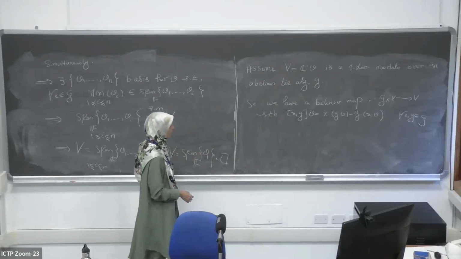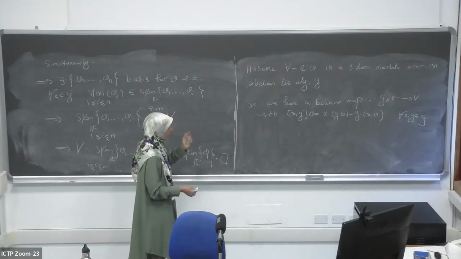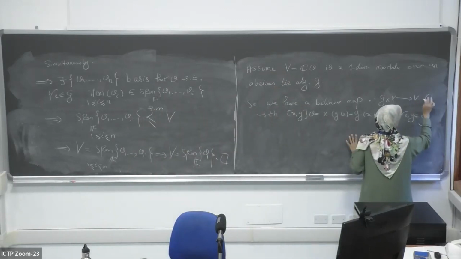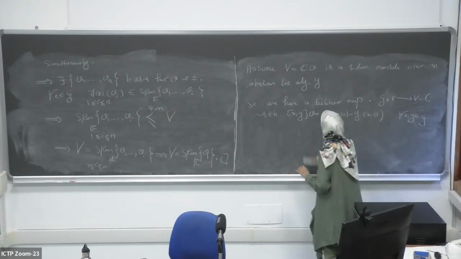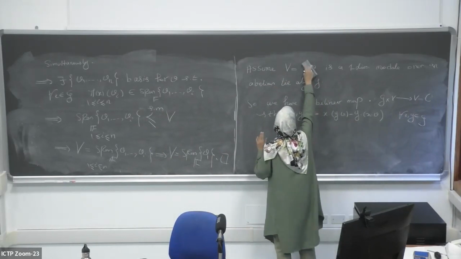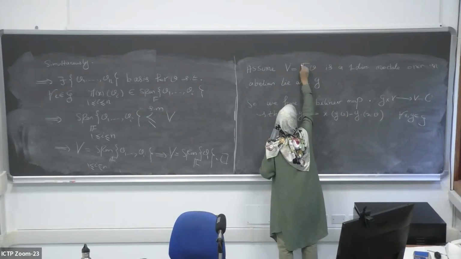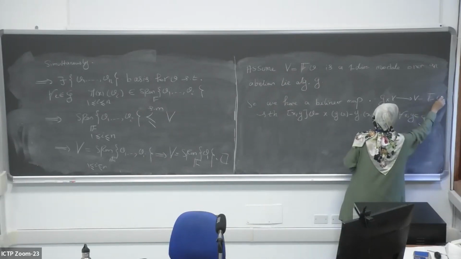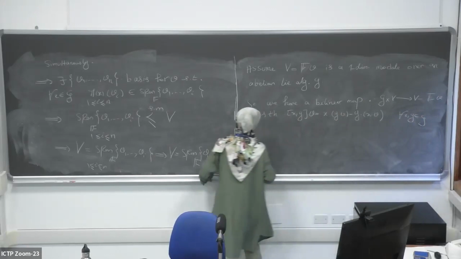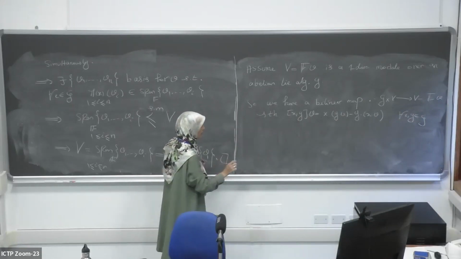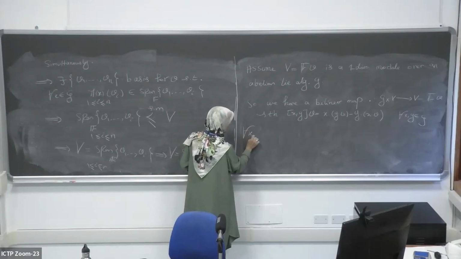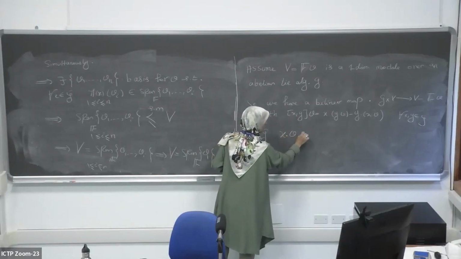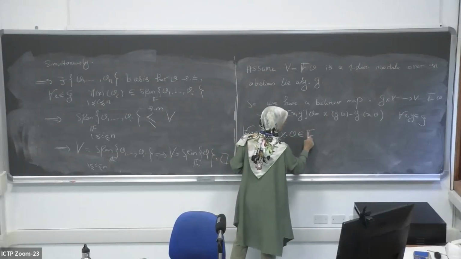Okay. So look at this. I write F in general, not just C. What happened for each x belongs to G, xv is an element of Fv.